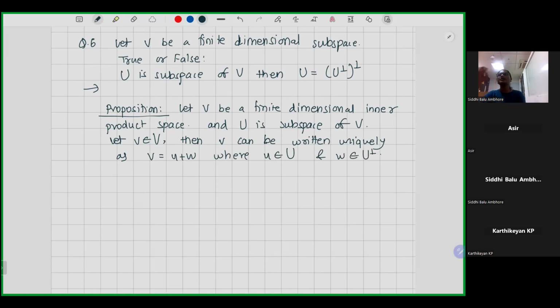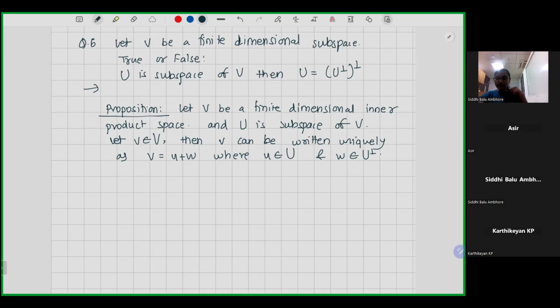This is proved, and this follows from the fact that if W is a subspace of V, then we can extend its basis to a basis of V. And then when we apply Gram-Schmidt orthogonalization, W1 to WK form a basis for W, and WK plus 1 to WN form a basis for W perp.